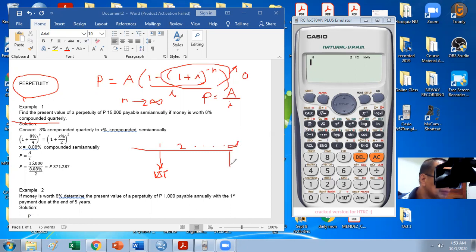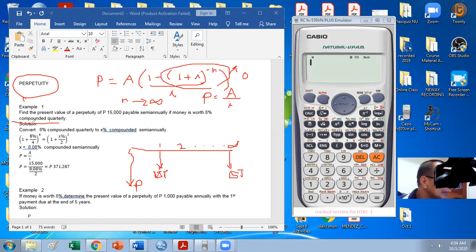So paying 15,000 infinitely. So, ang tinatanong, ano yung present worth ng 15,000 paying semi-annually?